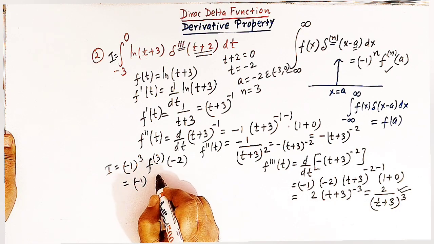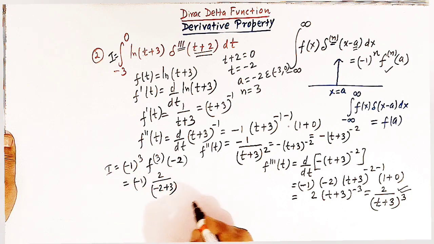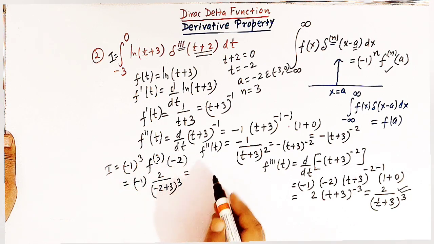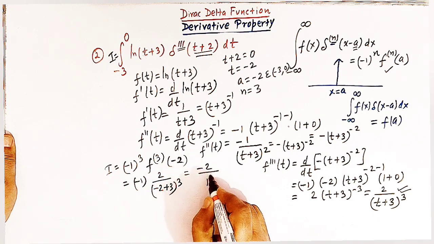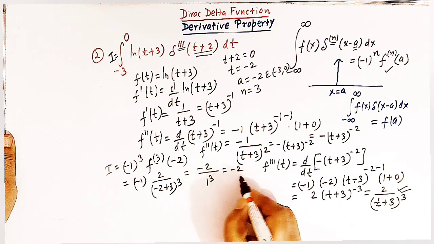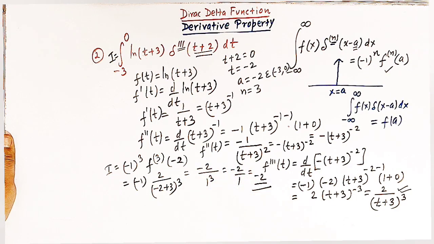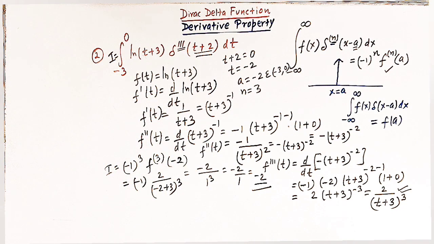So we have 2 over (minus 2 plus 3) raised to 3. So this is minus 1 times 2 is minus 2, and this is 3 minus 1 raised to 3. So we have minus 2 over 1, that is minus 2, right? So the value of this integral is given by minus 2.